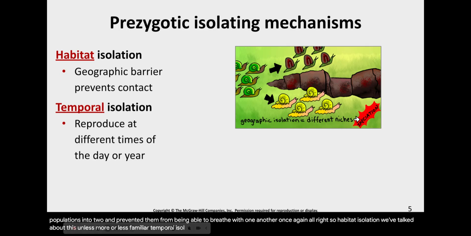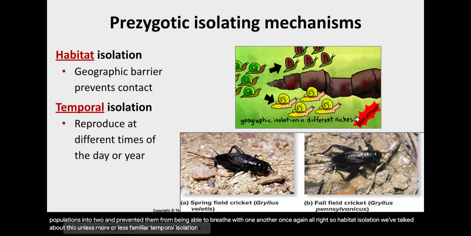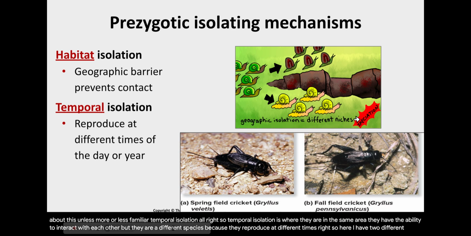Temporal isolation is a new one. Temporal isolation is where they are in the same area and have the ability to interact with each other, but they are different species because they reproduce at different times. Here I have two different crickets.